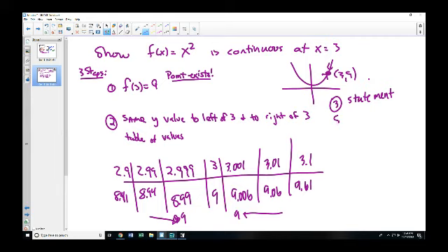So this does not have to be your exact wording, but it has to include all this information in a sentence. F of 3 equals 9. Okay, that's number 1, right? And f approaches 9 from the left and right of 3.